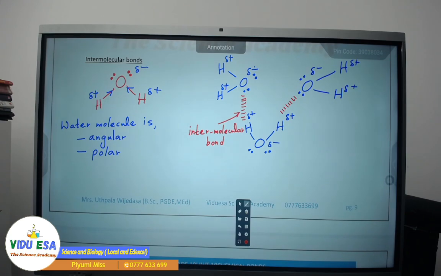The attractive forces in between the molecules are known as intermolecular bonds or intermolecular forces.